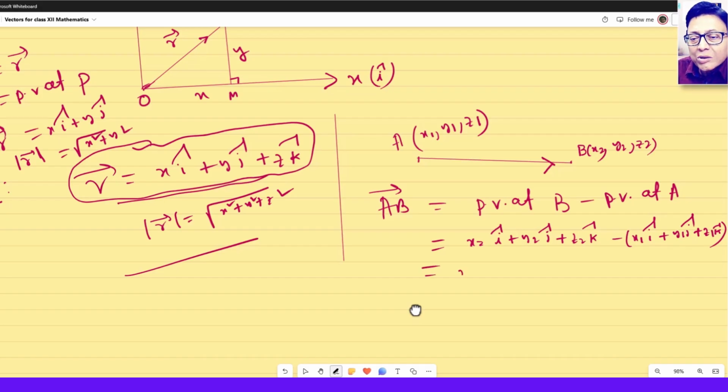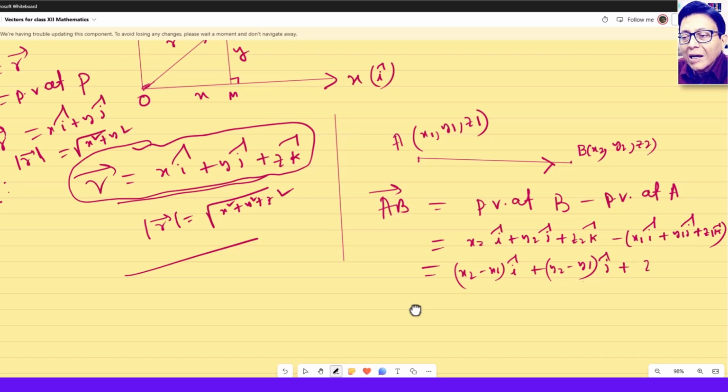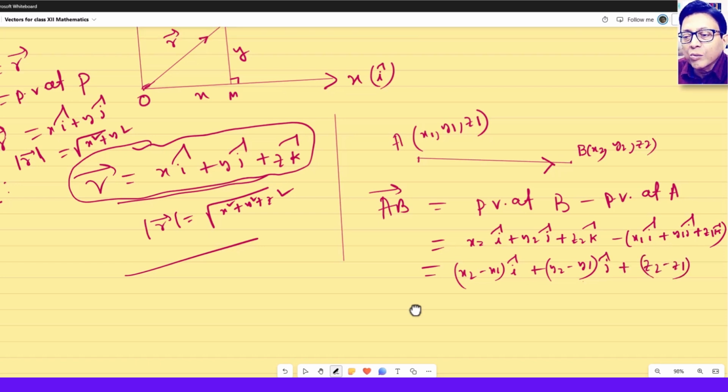Okay, so this is going to be (x2 minus x1) i cap, (y2 minus y1) j cap, and (z2 minus z1) k cap. Okay, so AB vector you got.